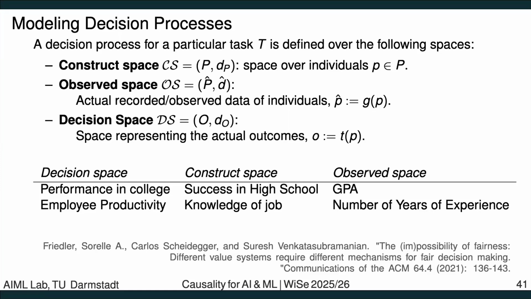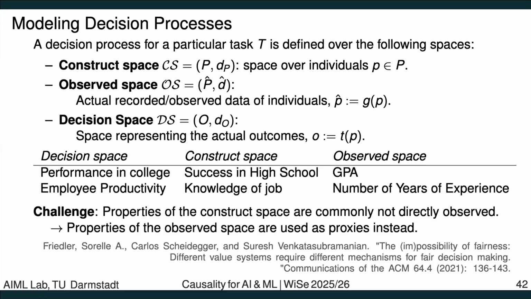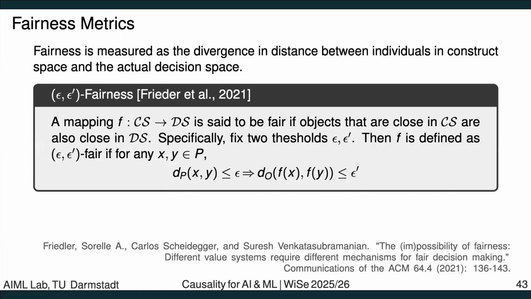Of course, it's always about costs and a lot of other factors, but I think this is the most general scenario that we can think of. And again, as I said, usually we need to use proxies because the real construct that we want to take decisions over is usually not observed directly.